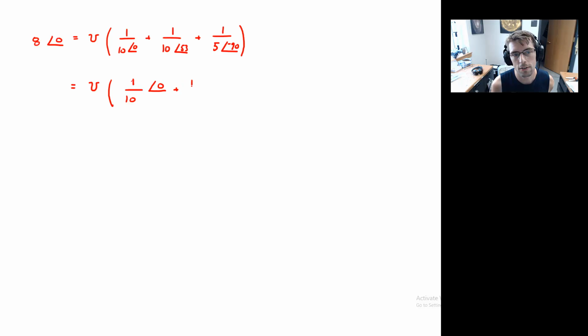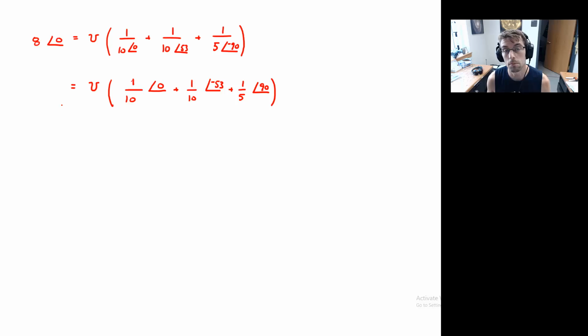Then plus 1/10 at negative 53 degrees, and plus 1/5 at 90 degrees. You see how I can do that division really quickly: just take the top angle minus the lower angle. You can think of this as 1 at angle 0 if you need to. Okay, what does that get me?